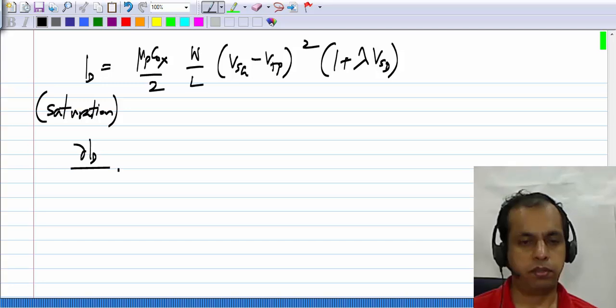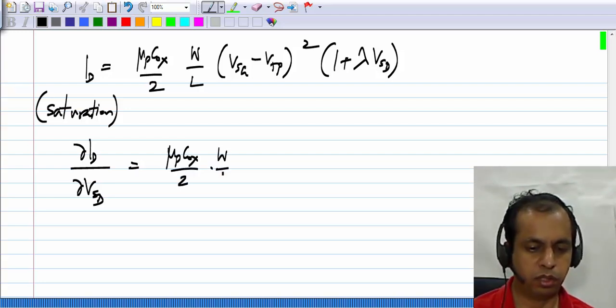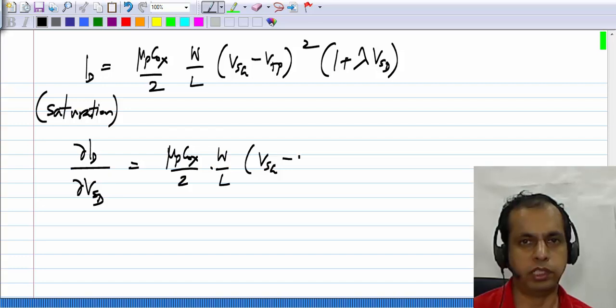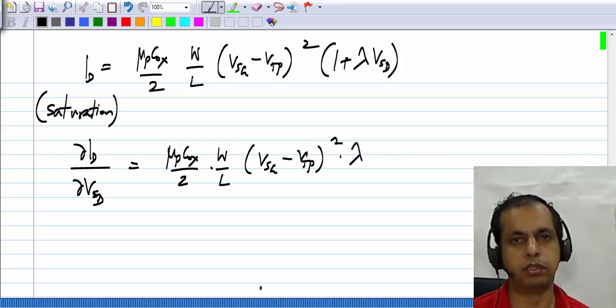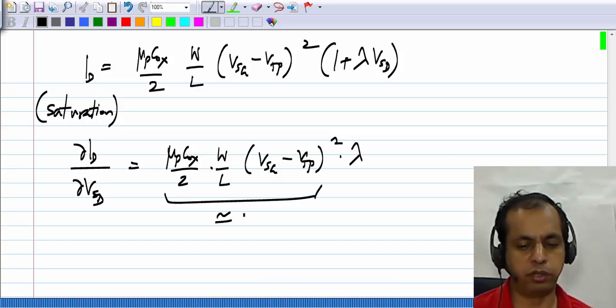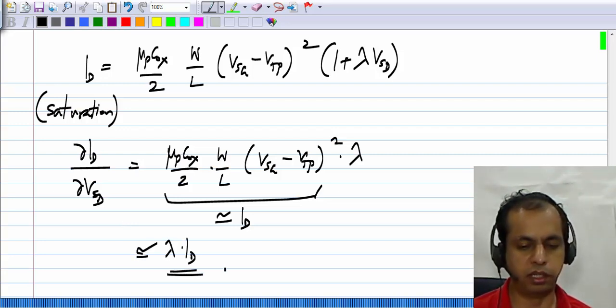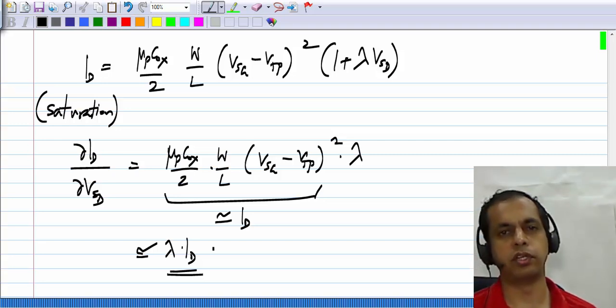The partial derivative with respect to VSD will be mu P Cox by 2 W by L (VSG minus VTP) squared times lambda. This approximately equals the operating point current, so this is approximately lambda times ID, and this is the expression that is used most often to calculate this.